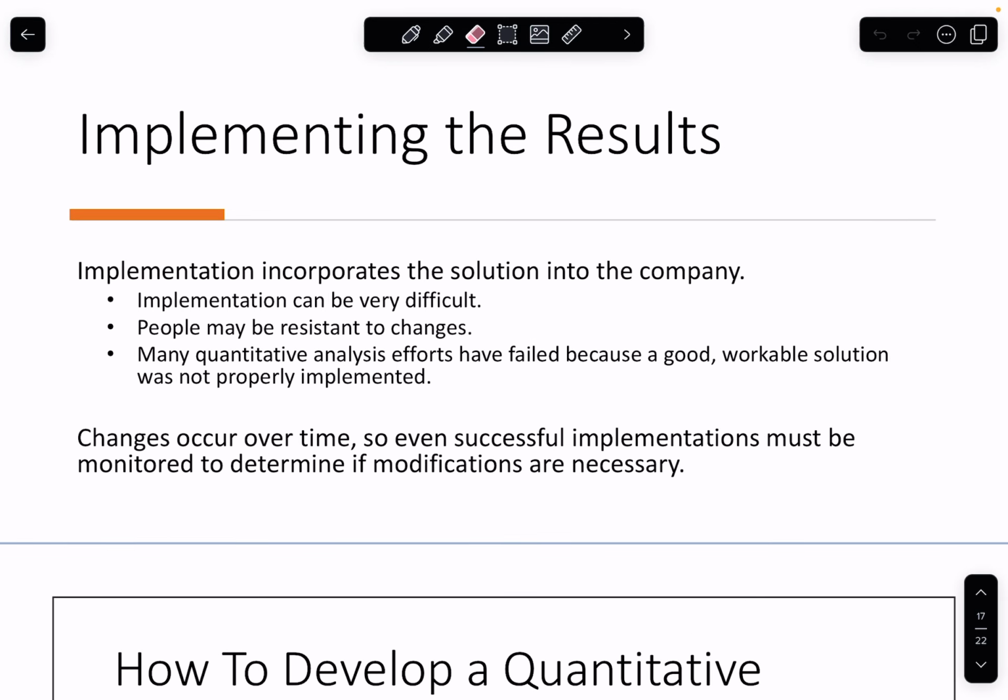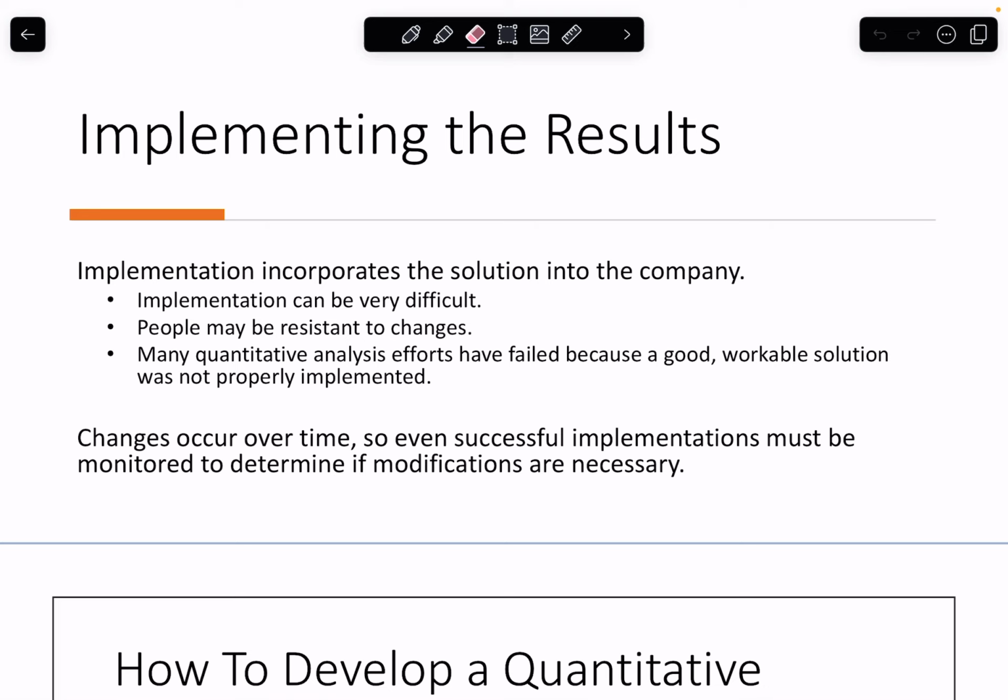And lastly, once everything is already good, that's the time that we implement the results. Implementation incorporates the solution into the company. But we have to be very open that implementation can be very difficult, especially if it's the first time to do it.